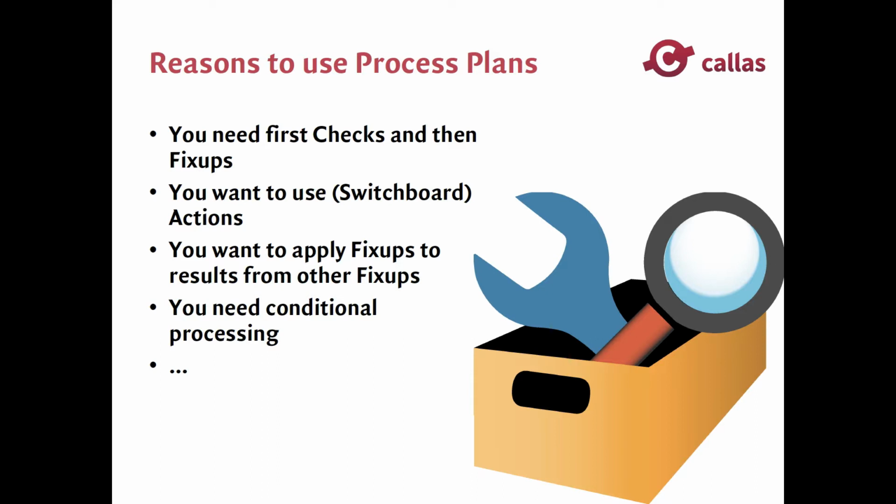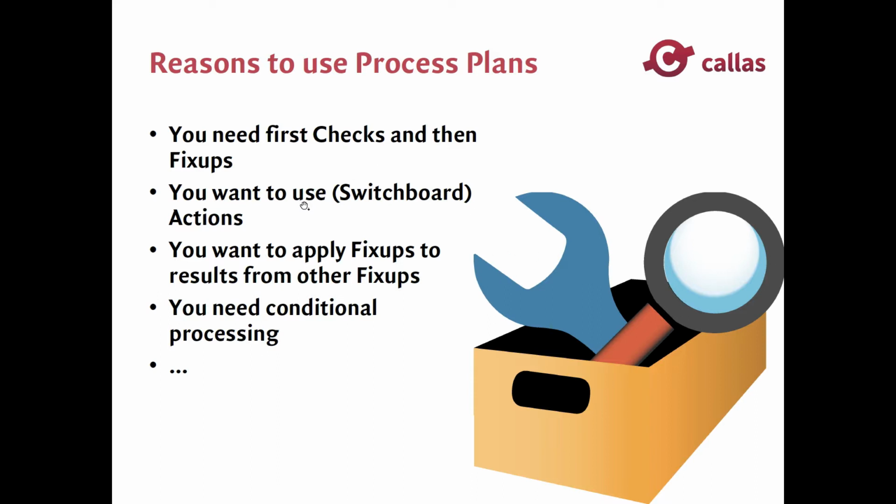So when would you use a process plan? First, as I've said, in a regular profile, first fix-ups are executed and then checks. And just as in the example that we have seen, where colors are converted first and then other corrections were applied, you could do first a check, and as we have done, we checked for RGB and then do conversions.